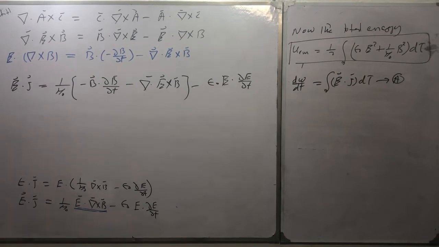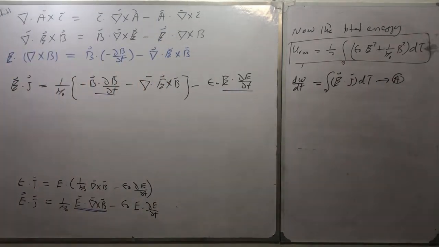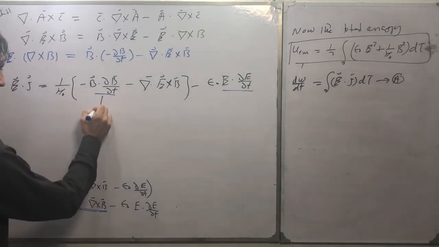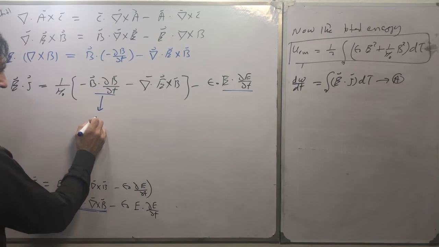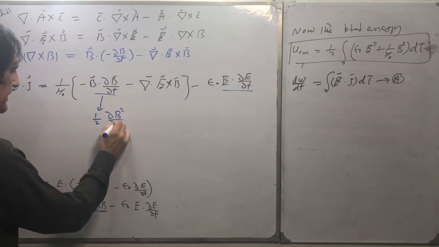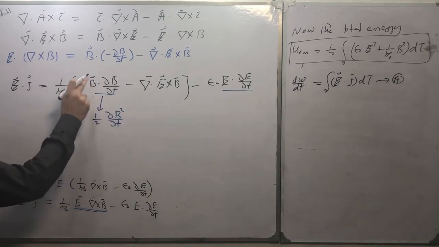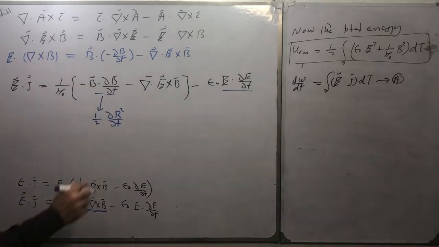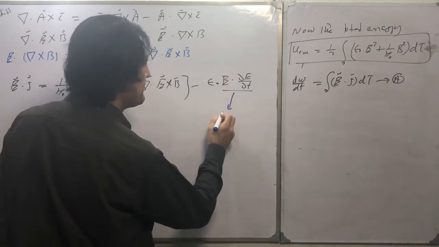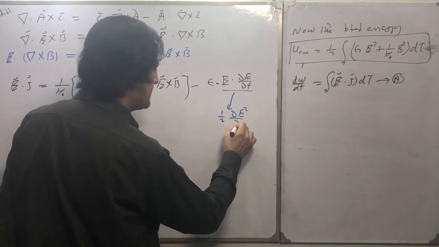Further, these two terms we can represent as 1 over 2 partial B squared divided by partial t. If we differentiate this, it will be exactly the same as this. And also this term as 1 over 2 partial E squared divided by partial t.